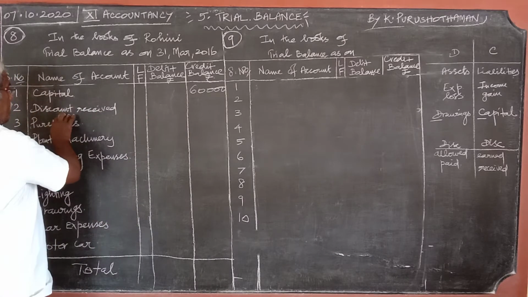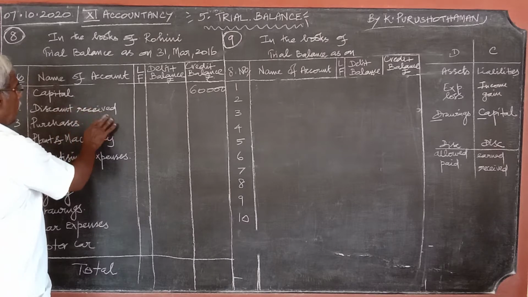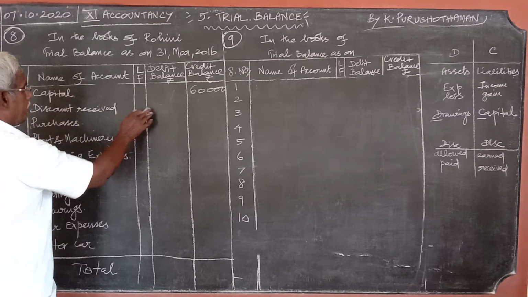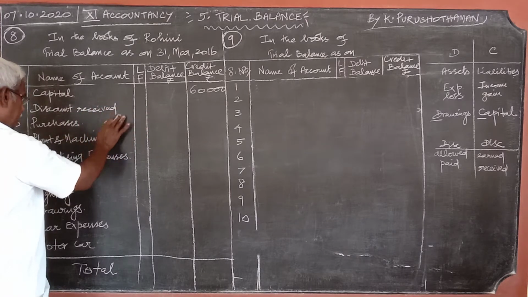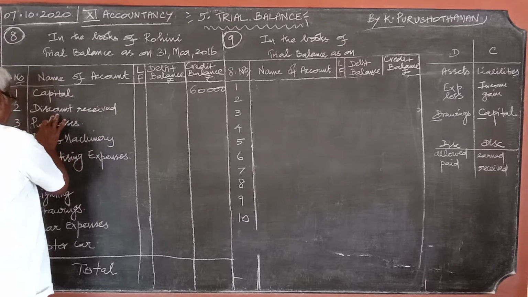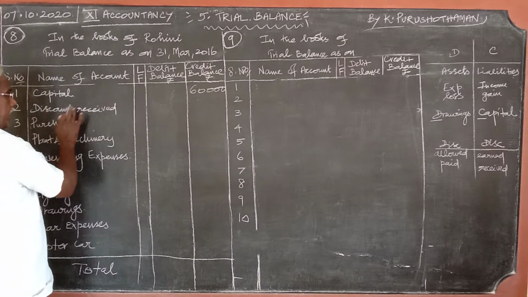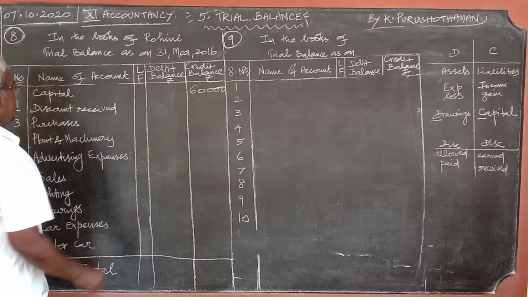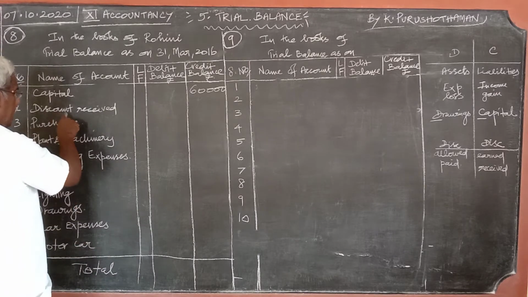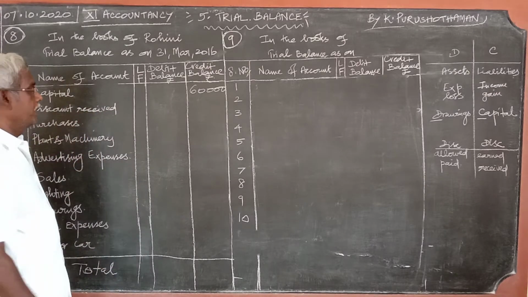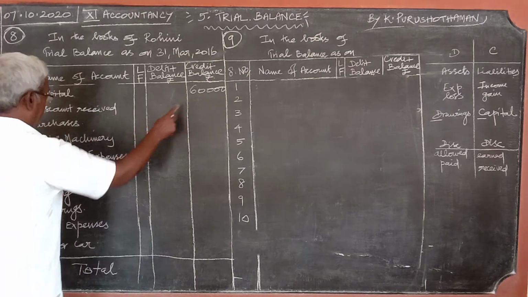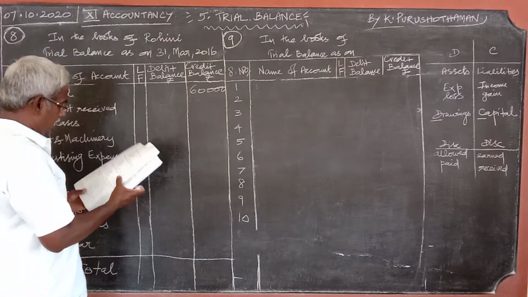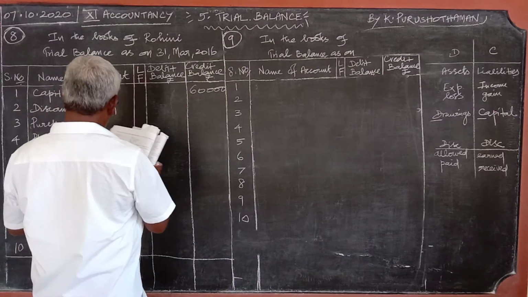If it is discount paid, discount allowed, they are expenses, debit. If there is no such word, received, paid, etc., only discount is there, it is an expense, you should write on the debit. Discount alone means it should be taken as an expense. Here it is received, therefore income. Discount received.